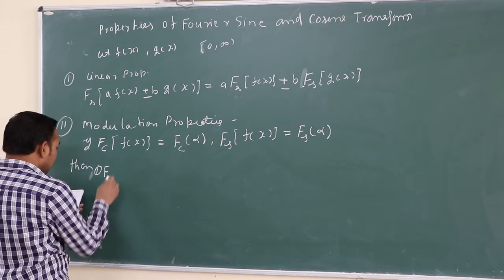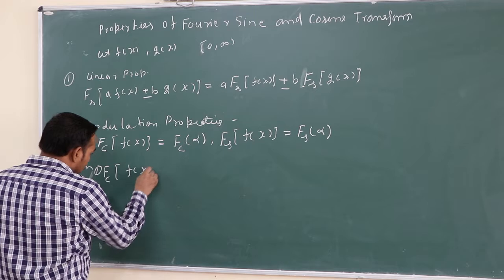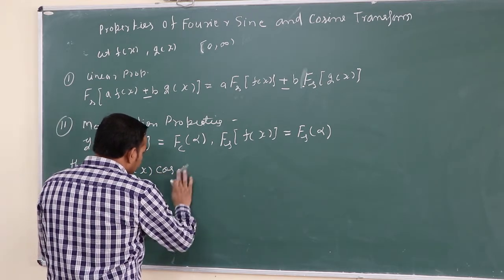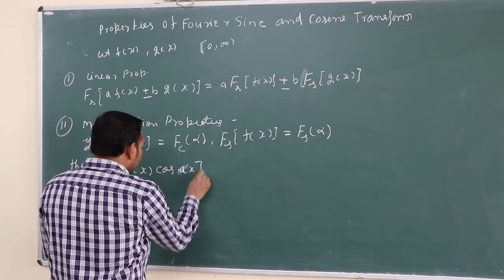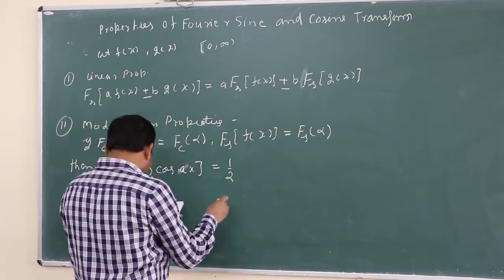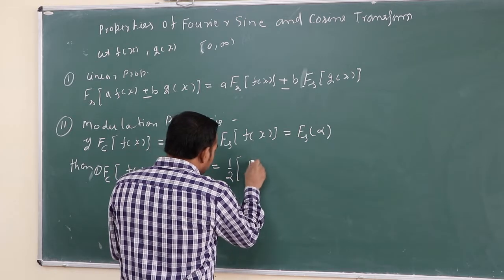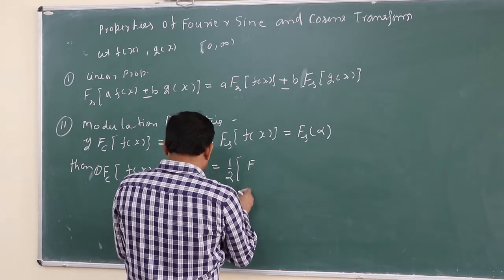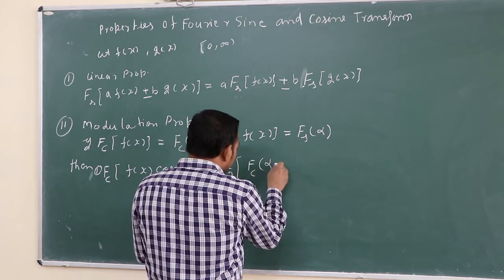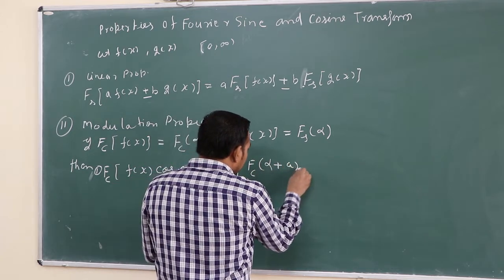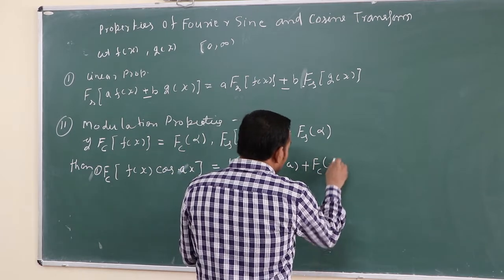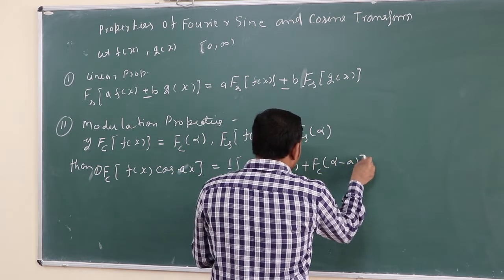First, the Fourier cosine transform of f of x cos ax is equal to half of Fc alpha plus a plus Fc alpha minus a.